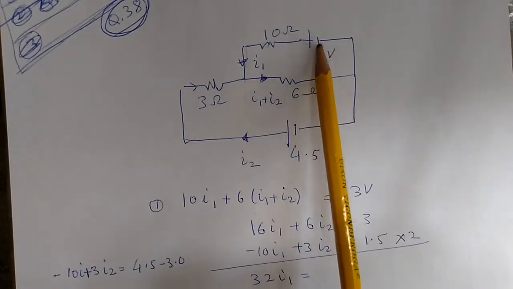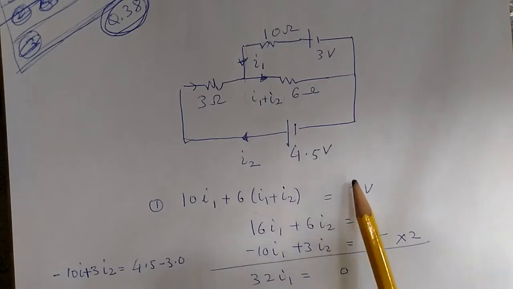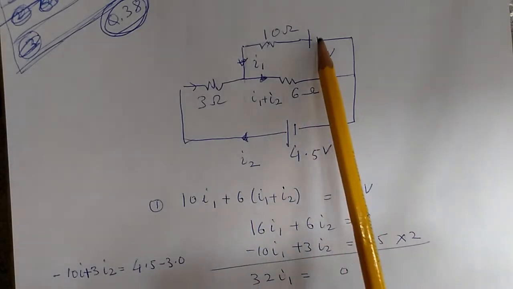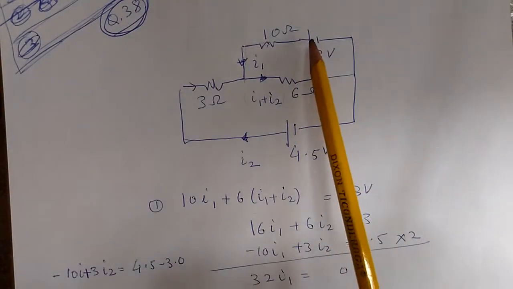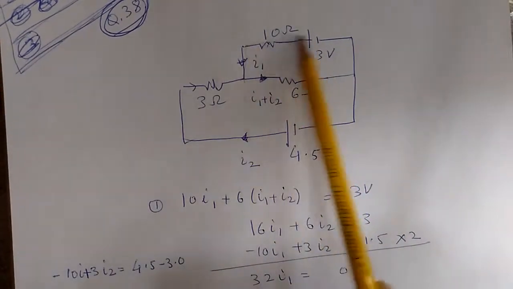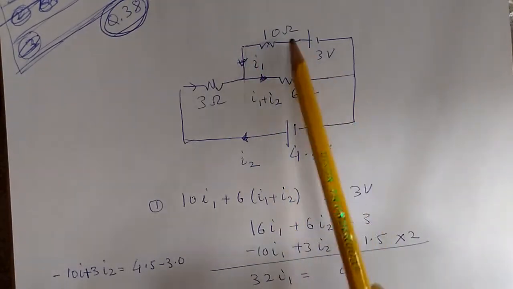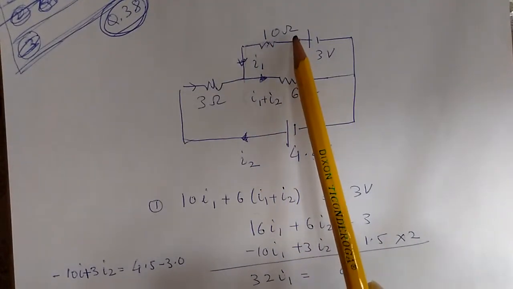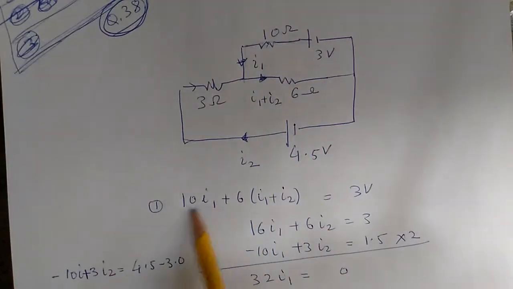And then how we solve is that we take all voltage sources on one side of an equation. This loop has only one battery, and that is 3 volts. And this battery will try to send out the current in this direction. So we will take this direction as the current flow direction, and in this direction, the drop across this resistor is 10I1. So we write 10I1.